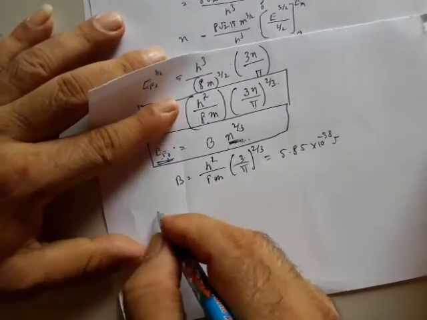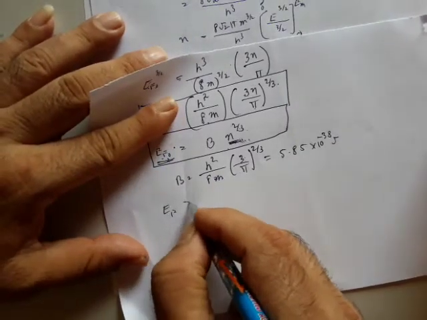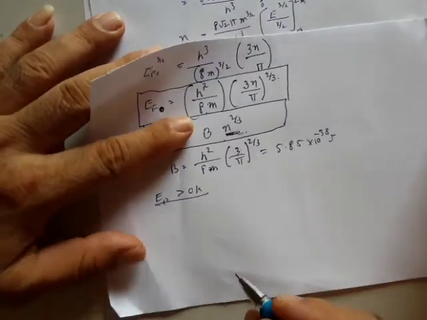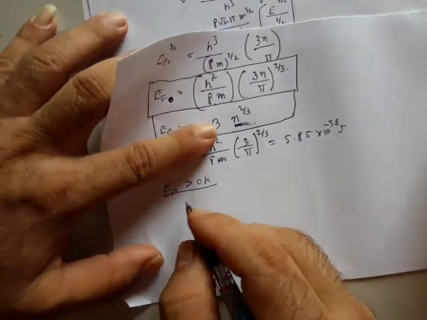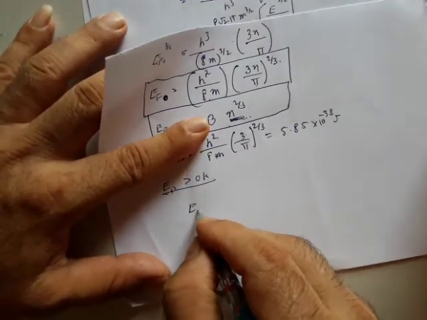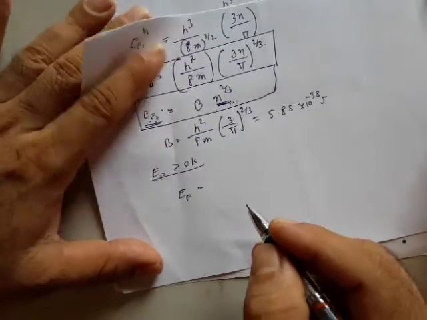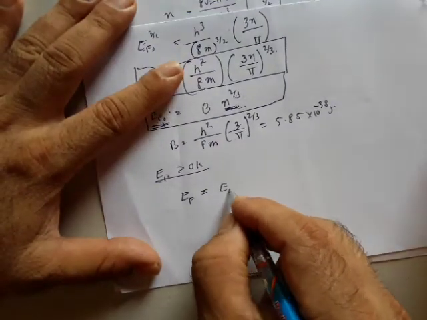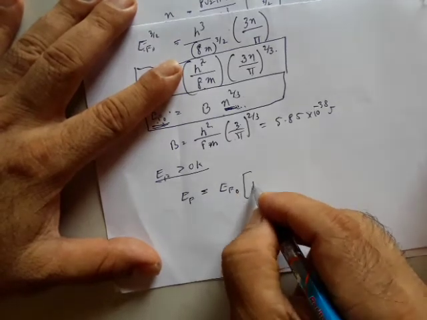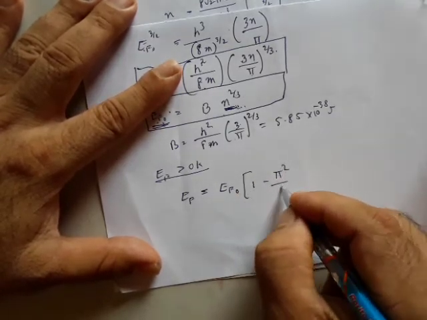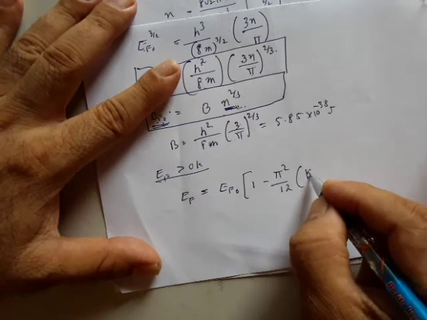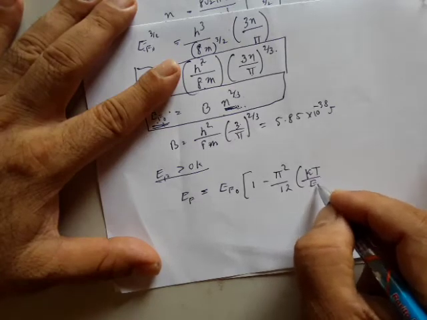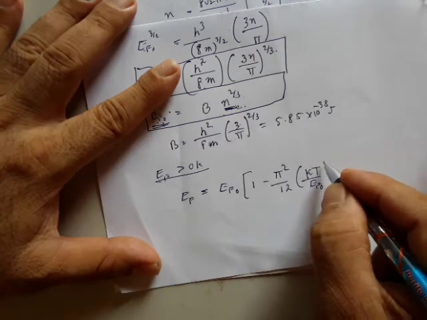If I take the Fermi energy at greater than 0 Kelvin, even though I am not deriving that expression, then the equation for the Fermi energy at any given temperature is given by the relation: it is the Fermi energy at 0 into 1 minus pi square divided by 12 into (kT divided by E_F0) the whole square.